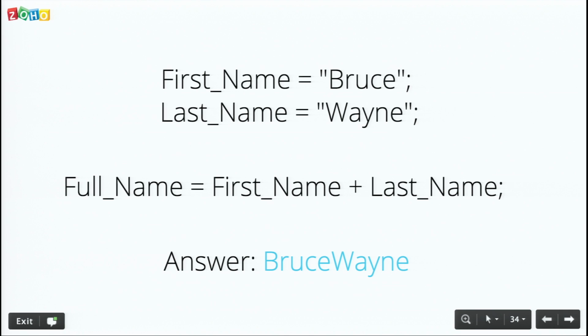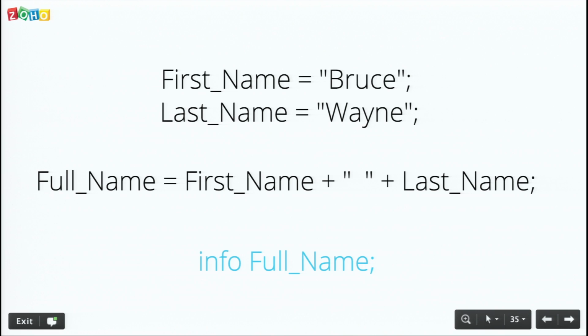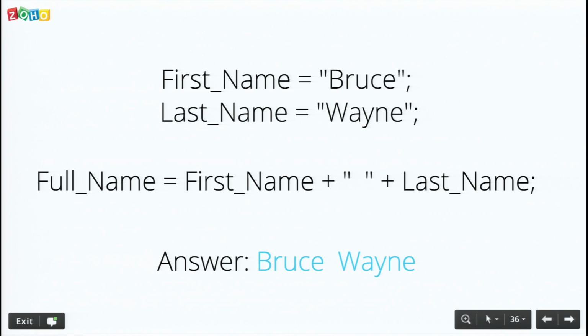How to do that? A little tweak. Got it? Plus, and within the double quotes, I'll put a space. And then a plus with the last name. The answer will be Bruce space Wayne. This is an important point. You'll be using this multiple times in your programming language.